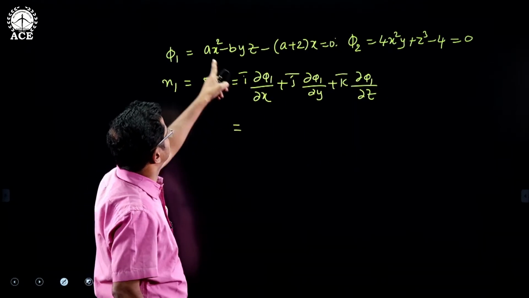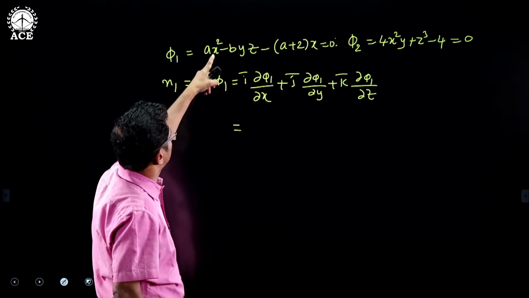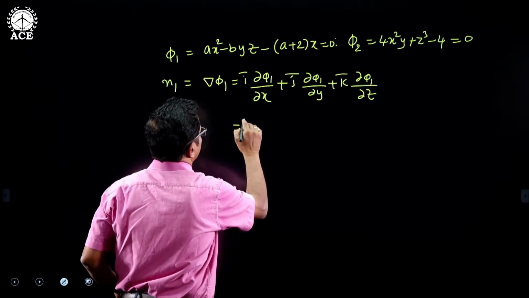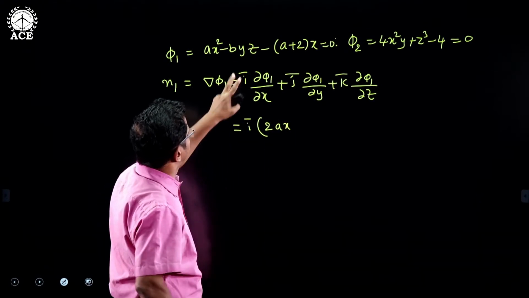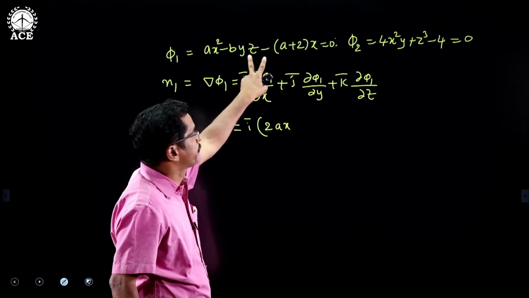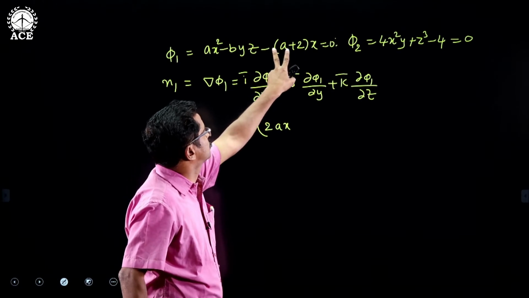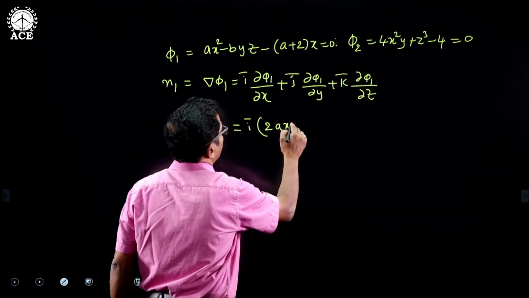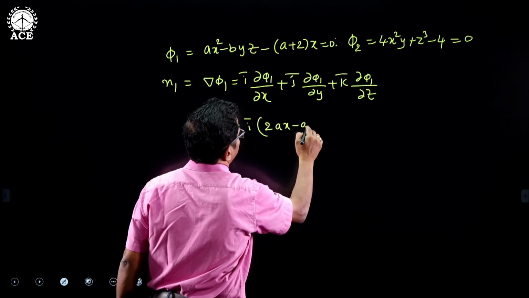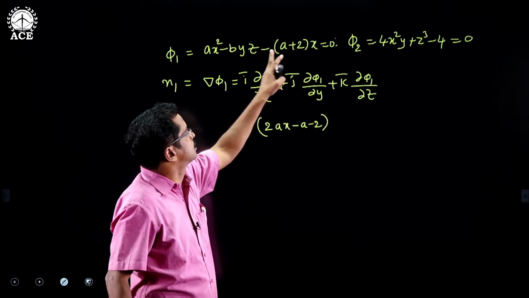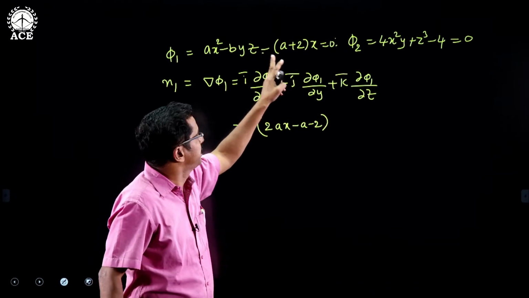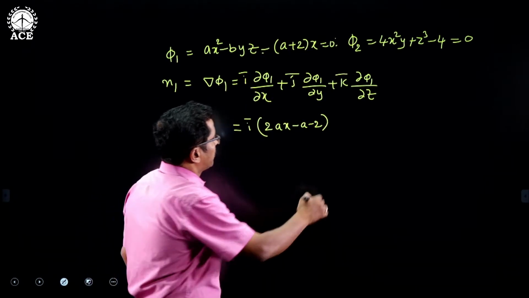Dou phi 1 by dou x, phi 1 with respect to x, you will get i bar into 2ax, and this term is independent of x, and this is the x-dependent term, whose differentiation is minus of a plus 2, meaning minus a minus 2, since x differentiation is 1.